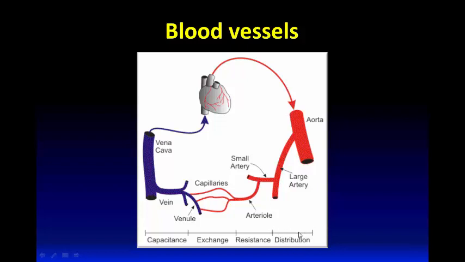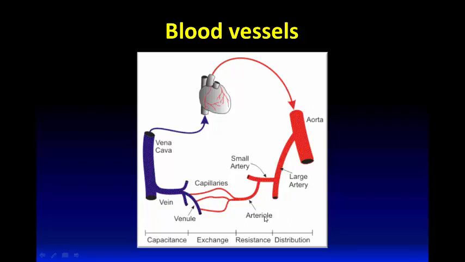They distribute oxygenated blood and nutrients to the various tissues of the body, and because of that we need to have high pressure in order to push blood along the systemic circulation and distribute the oxygenated blood and nutrients to the tissues. We need to have high pressure in the aorta and in the large arteries.